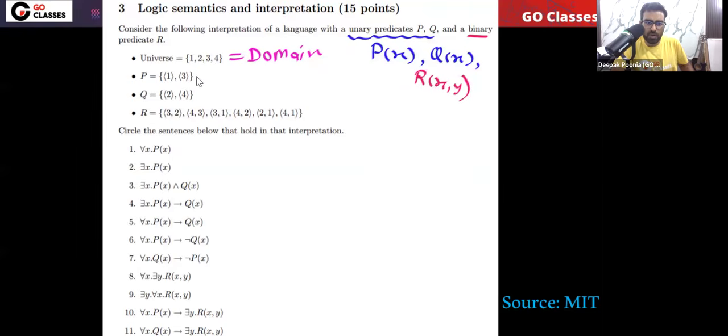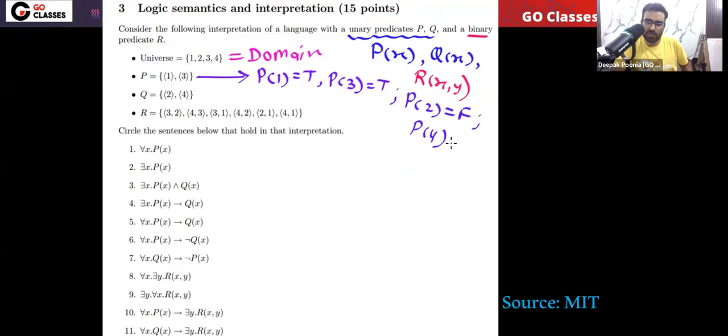Now let's see what is the meaning of p equal to 1, 3. This simply means that predicate p is true for elements 1, 3. So remember, this simply means that p1 is true, p3 is true. And also remember p2 is false and p4 is false.